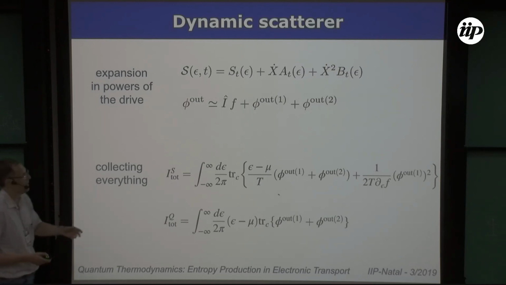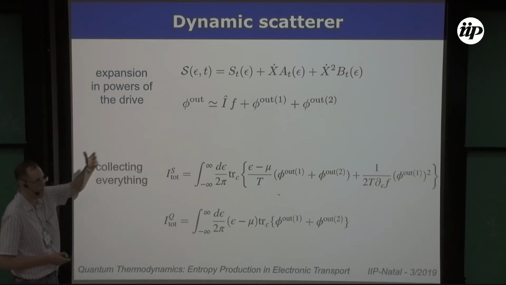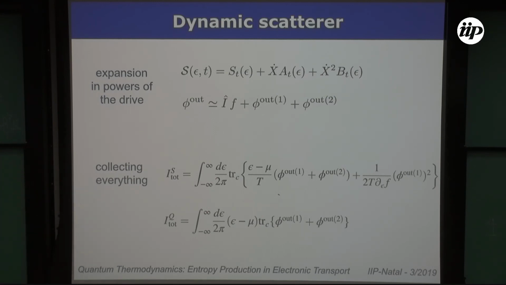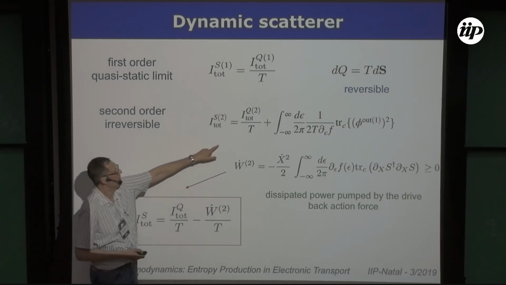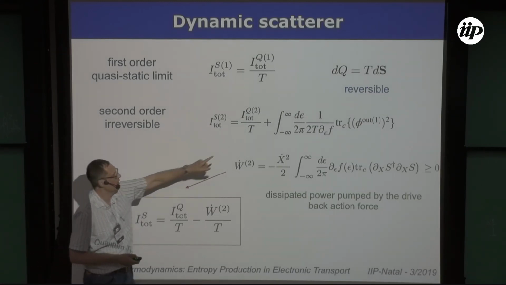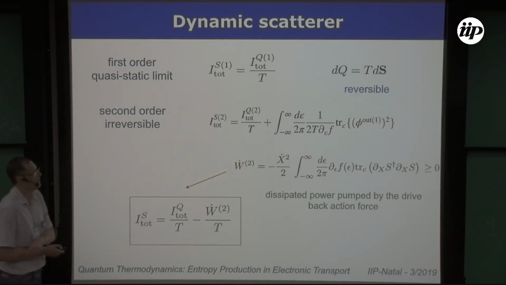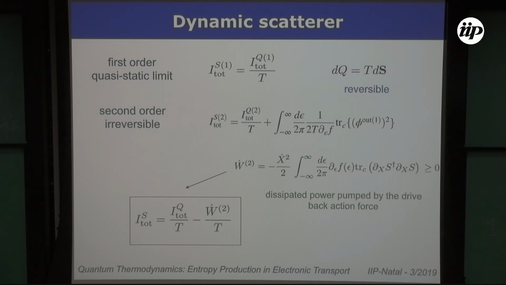Now we have to go into the pain of doing all these Wigner transforms, Moyal expansion and so on, for phi in and out. By doing so, we identify the first order, the quasi-static limit, with a simple result. Actually, it's reversible, so there is no big surprise. In second order, we have something that looks like a reversible process plus this extra term, and remember that phi out contains all the correlations, and therefore the entanglement produced by the scattering through the system.